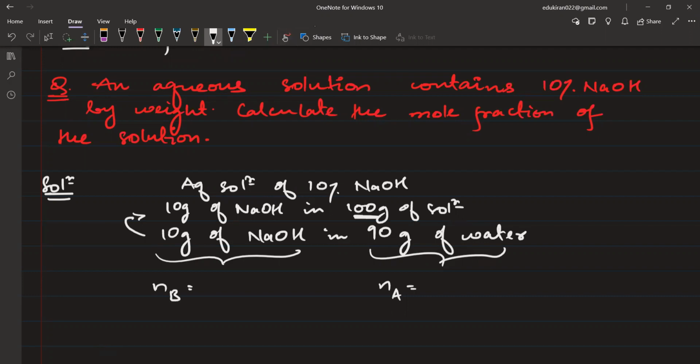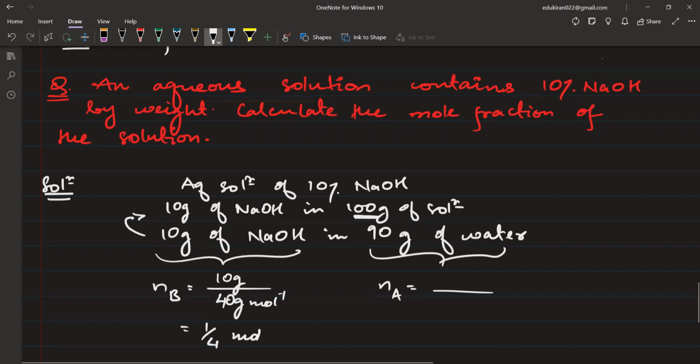What happened, guys? What is the formula for number of moles? Aisha, tell me. Number of moles is equal to given mass by molar mass. What is the given mass of NaOH? 10 grams by 40 grams per mole. This will be equal to 1 by 4 moles. Okay. Now tell me for water. What is the given mass? Iram, you tell me.